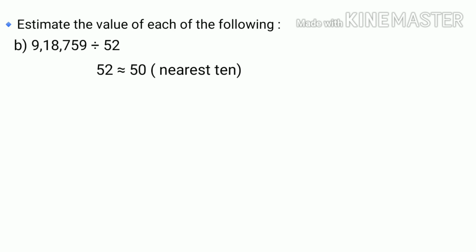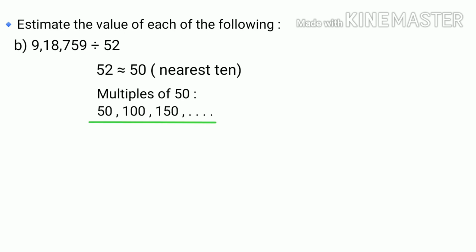We can do this by listing the multiples of 50, starting with 50, 100, 150 and so on. But it will take a long time to reach near 9,18,759. So we can start with the multiples of 50, which may be nearer to 9,18,759.